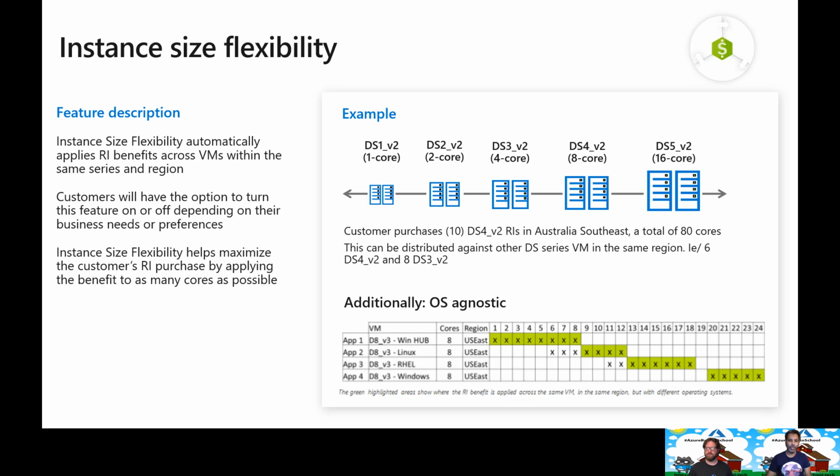So this basically shows the life cycle of how you would move and how the instance size flexibility is going to work. This is amazing because a lot of people are moving forward, right? Our data is not shrinking, if you will. It's always growing.